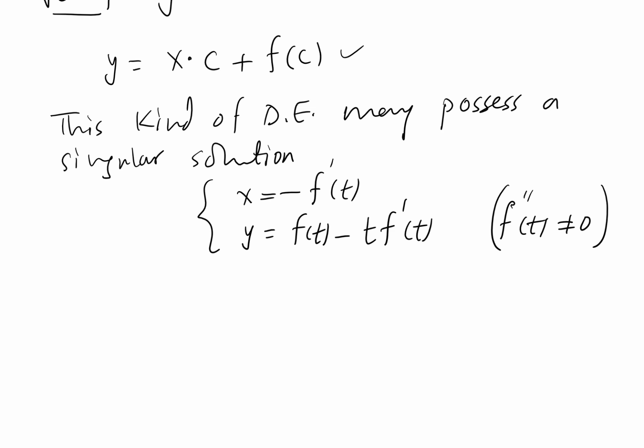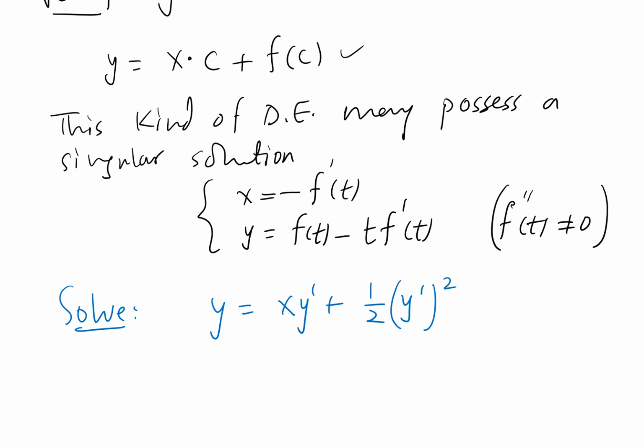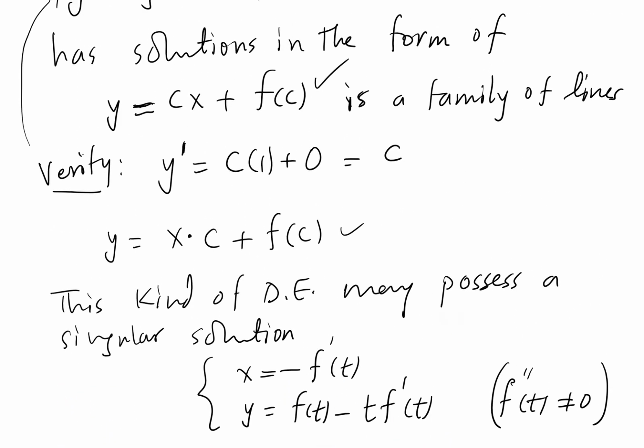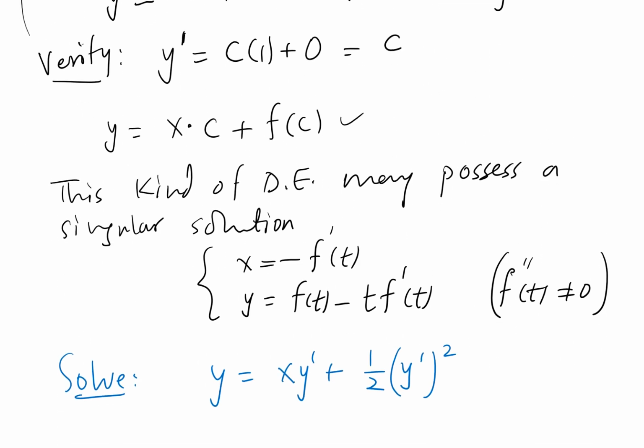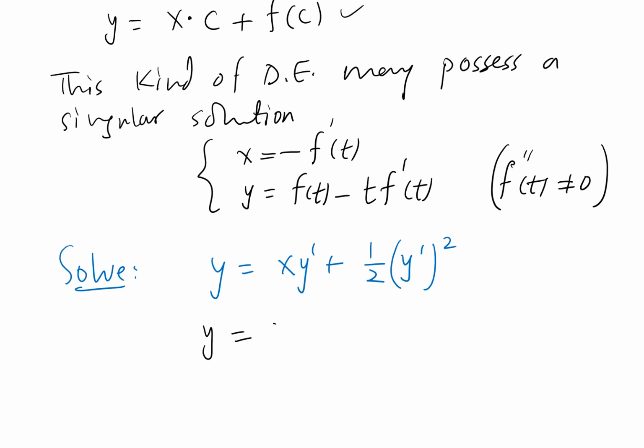And to see how this works, we can look at this example from the textbook to solve y equals x y prime plus 1/2 y prime squared. To do that, we first need to find what is f of y prime, because if you look back, it was x y prime plus f of y prime.